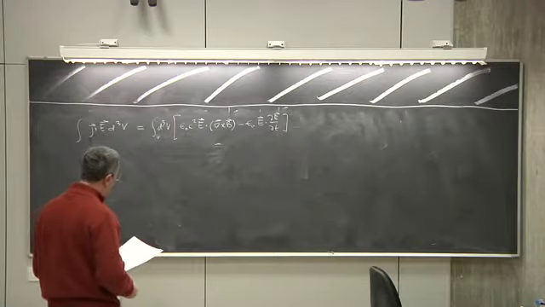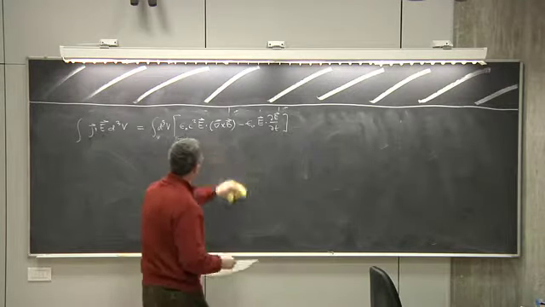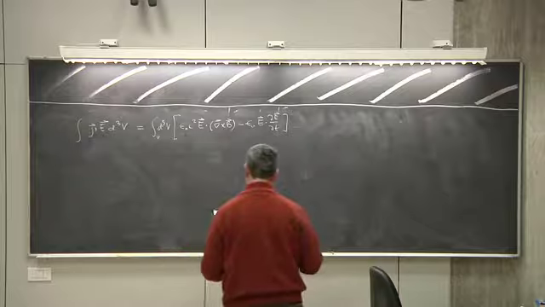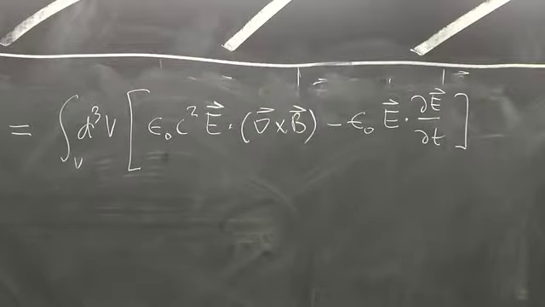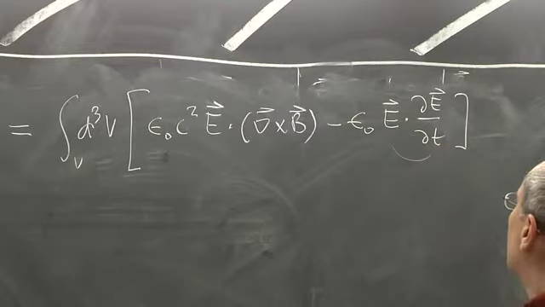So that's already almost what I want, because I have everything written in terms of my electric and magnetic fields, but still it doesn't look that great. In particular, this looks nice. Why do I say it looks nice or bad?